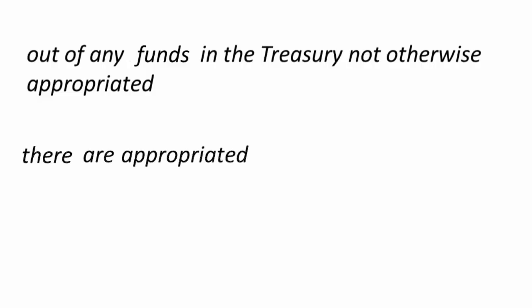Or the phrase "out of any money in the Treasury not otherwise appropriated," or "out of any funds in the Treasury not otherwise appropriated" may appear first in the Statement of Appropriations, followed by the declaration of appropriation with either a proper plural "there are appropriated," or singular "there is appropriated" verb.